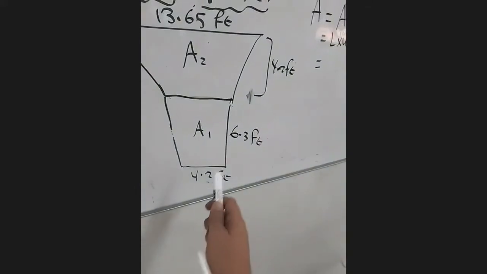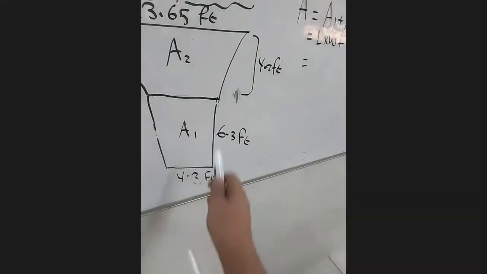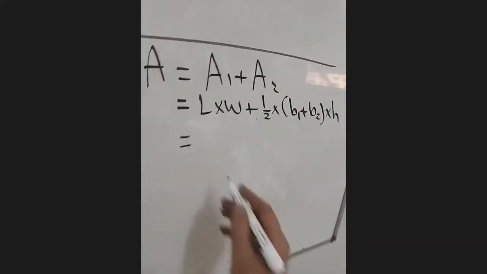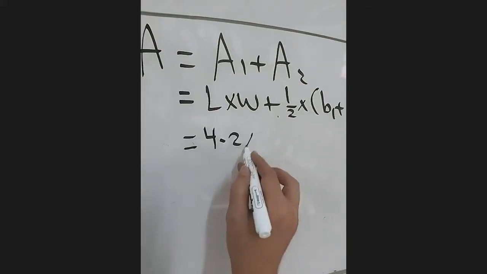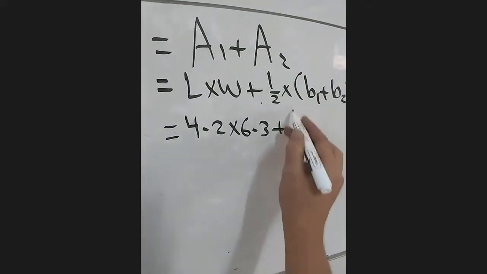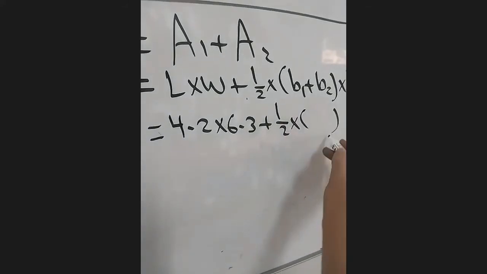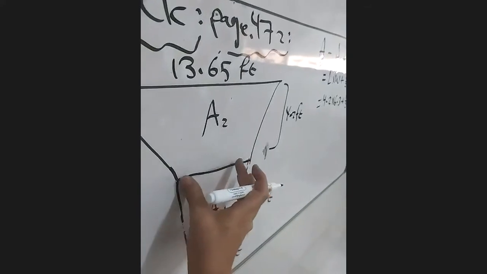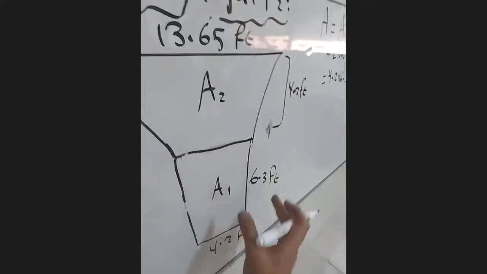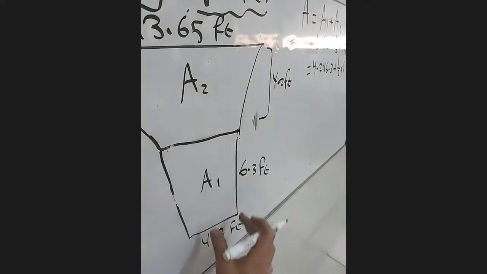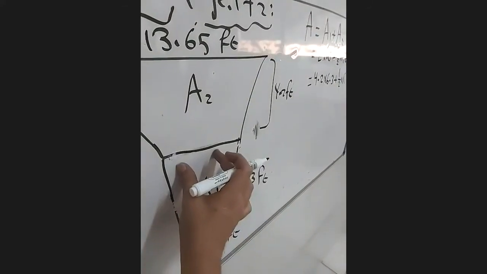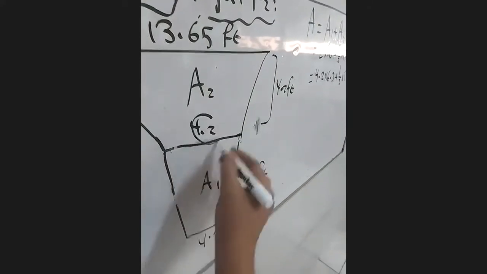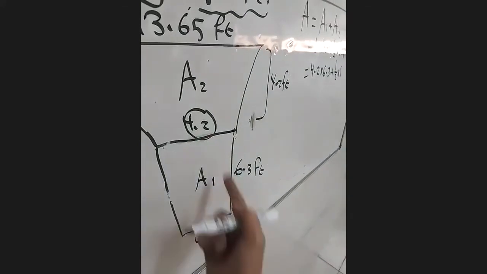Length by width means 4.2 multiplied by 6.3, right? Yes. 4.2 multiplied by 6.3 plus half multiplied by base 1 and base 2. One of them is given, the other here is not given, but it's the same as 4.2, guys, the same as the opposite side.